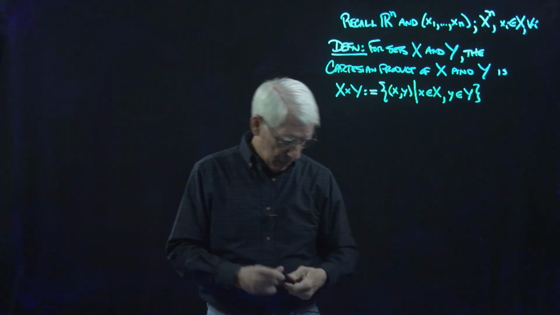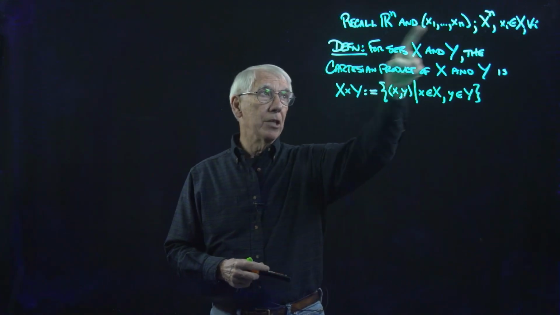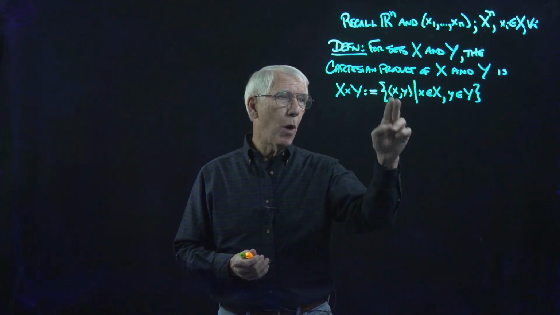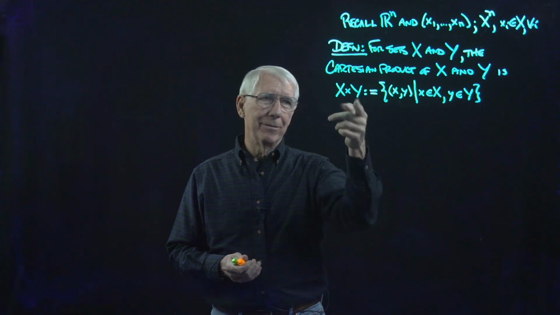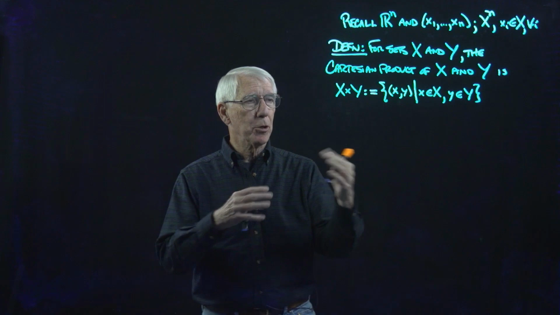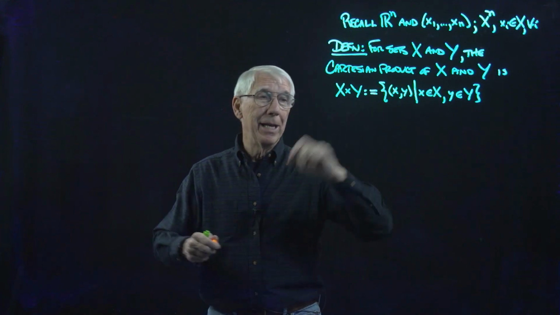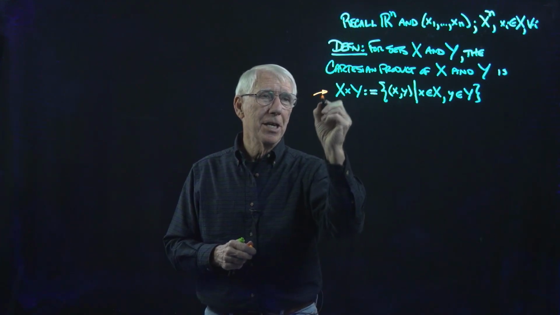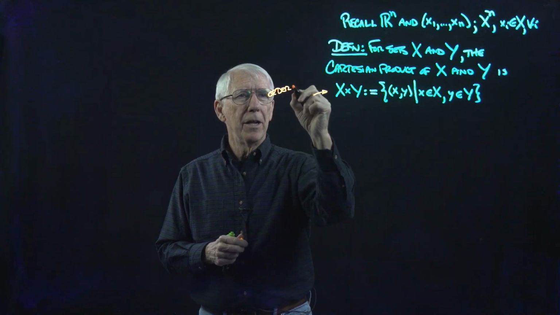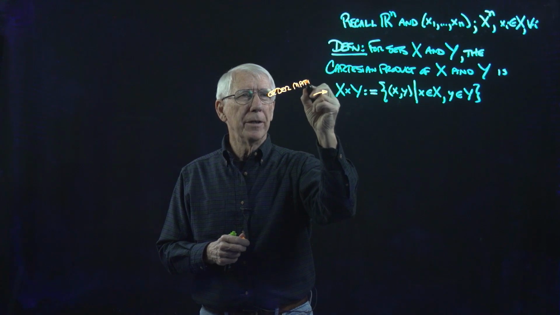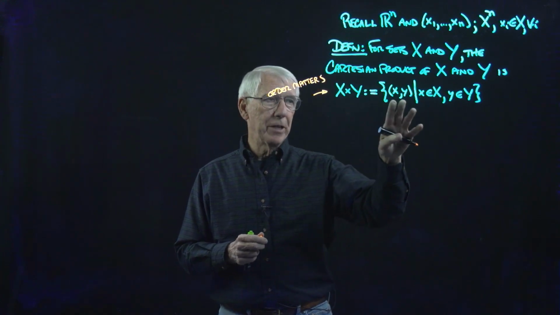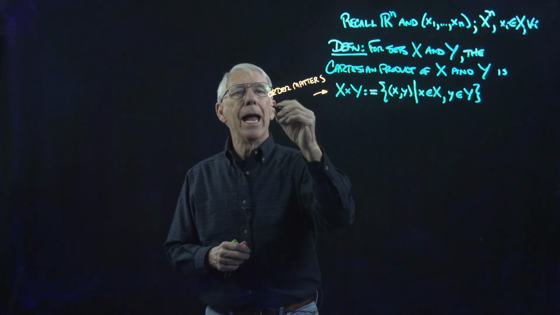And let's just remind ourselves, as we did up here, and of course here it's even more obvious that the order matters, because if I took (y, x), it has to be the second thing that's in Y. I suppose we could define it so we could flip them around, but that wouldn't really make a lot of sense. So let's recall from what we said earlier that the order matters, and in fact we capture that by often referring to these as ordered pairs.